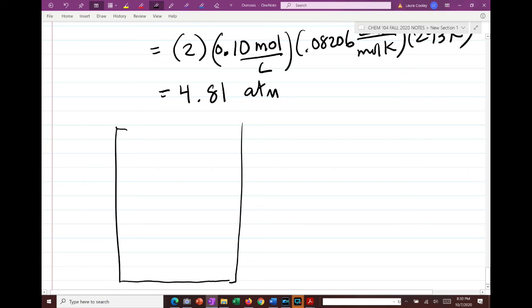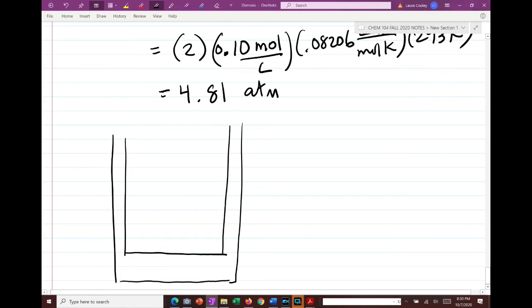I have a long tube, open, not closed, and I have my semi-permeable membrane. On the left, I have distilled water. And on the right, I have 0.10 molar NaCl.